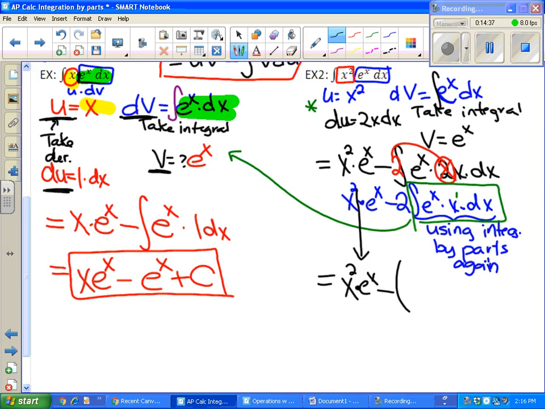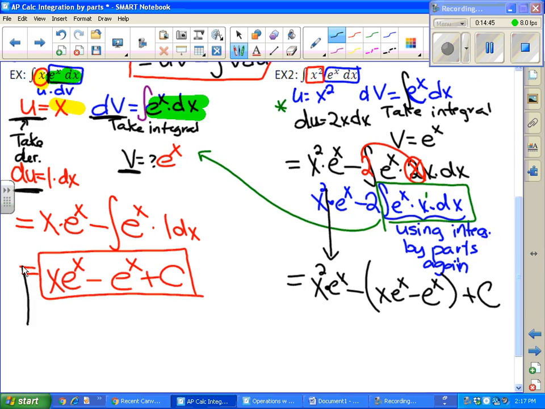The answer was x e to the x minus e to the x, and of course we're going to have plus c on all of these. And that is subtraction, so I have to make sure I do it. Final answer is x squared e to the x minus x e to the x plus e to the x plus c.